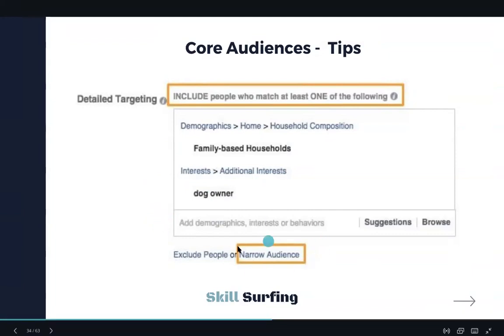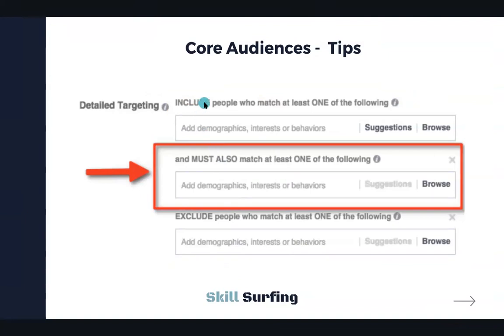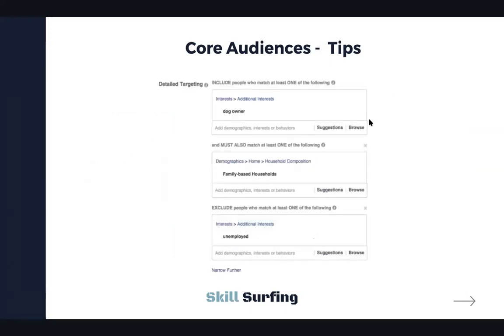But if you use the option to narrow your audience, you have must also match at least one of the following, and exclude people who you do not want to reach. So that would become include people who are dog owners and must also match family-based households.